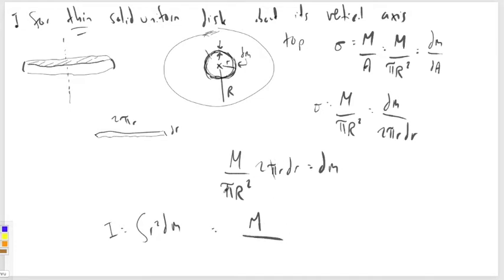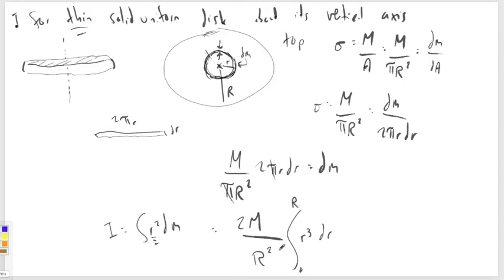I can see that my pi is going to cancel out, pull the 2 out, and the integral of r times r squared gets me r cubed dr. I have all these little rings whose radii are going to change from a radius of 0 to a radius of big R, so I'm going to integrate this from 0 to big R.